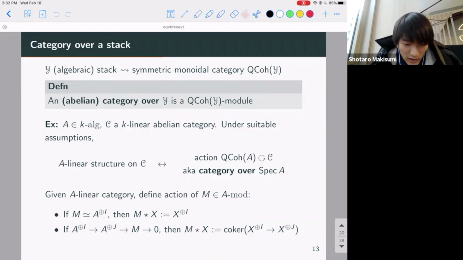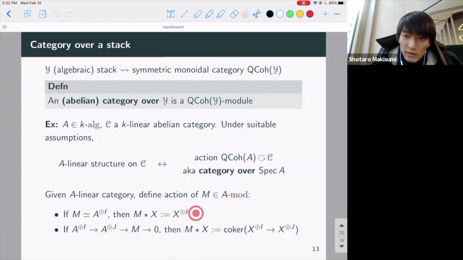You want to define an action starting with an A linear category of an arbitrary A module. If your module is just a direct sum of some copies of A, doesn't have to be finite, then you know that a single copy of A acts by the identity because A is the monoidal unit.